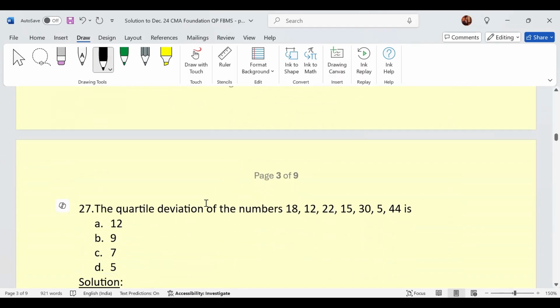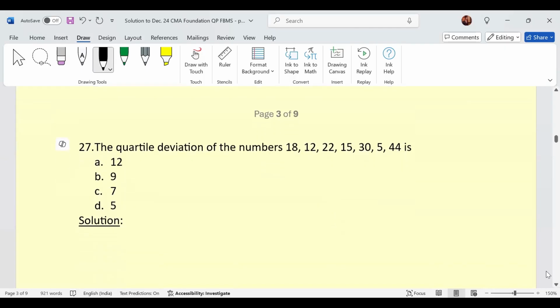The quartile deviation of the numbers 8, 18, 12, 22, 15, 30, 5, 4, 44 is what? So first let us rearrange the numbers. It is 5 least, next is 12, then 15, then 18, then 22, then 30, then 44.